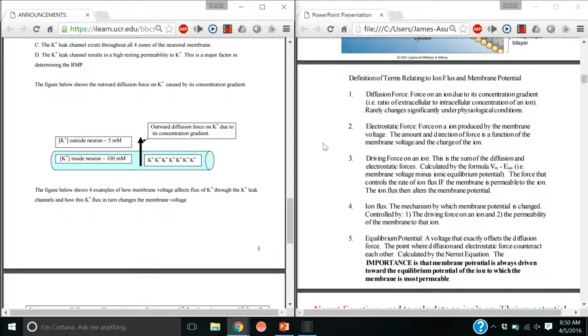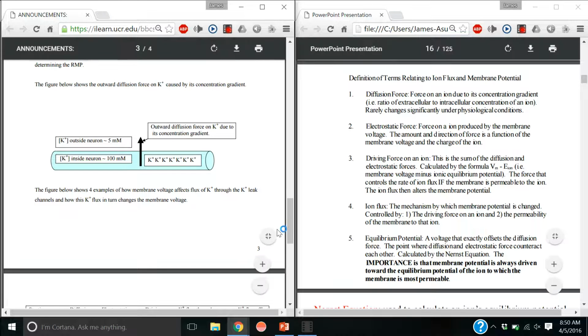That efflux, that loss of positively charged ion, would cause the membrane potential to become more negative. Straightforward. Diffusional force: substances typically move down their concentration gradient. You know that since middle school or high school. But it's not really that simple.